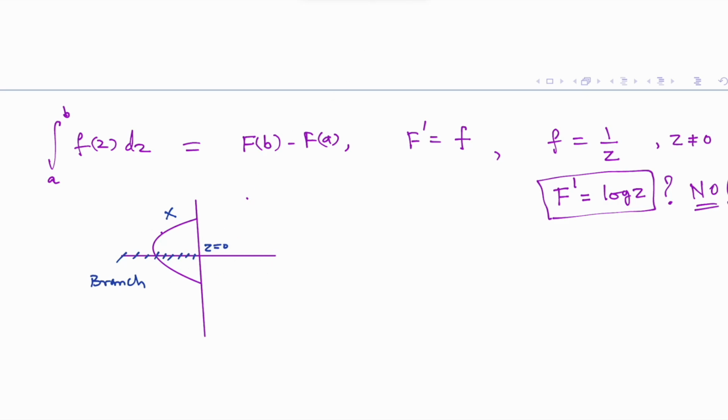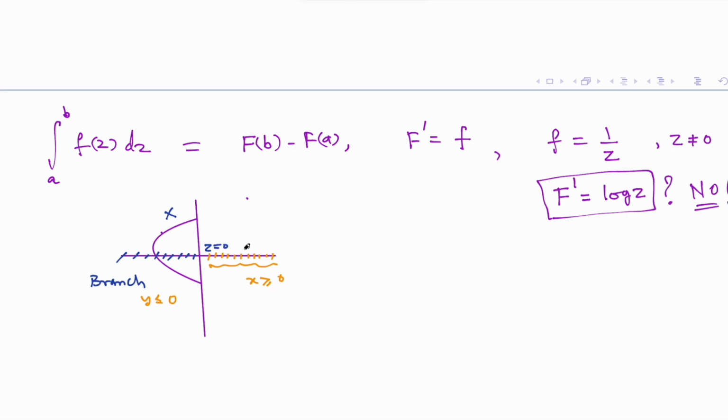You can change your branch. You can change your branch to here, right? Because the branch can be either x greater than or equal to 0 or y less than or equal to 0. Either side you can take. But if you take the branch on the right hand side, then this curve can be evaluated because the function is well defined. So how do you select the argument?